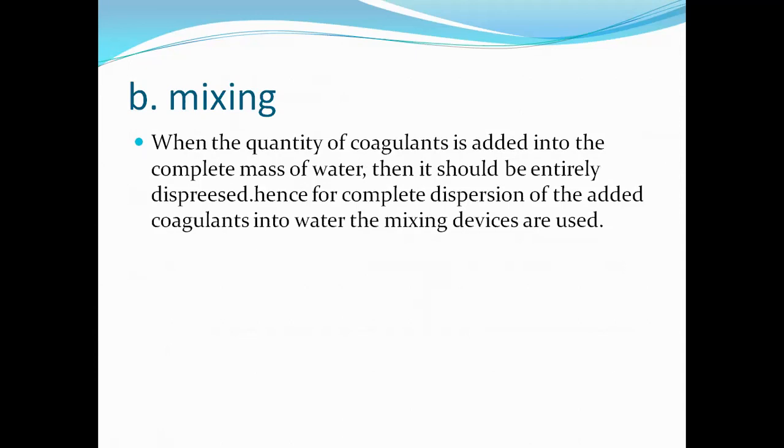Hence, for complete dispersion of the added coagulant into the water, a mixing device is used. When we feed the coagulant into flowing water, it does not mix properly, so we mix the coagulant into the water with the help of some devices. This process is mixing.